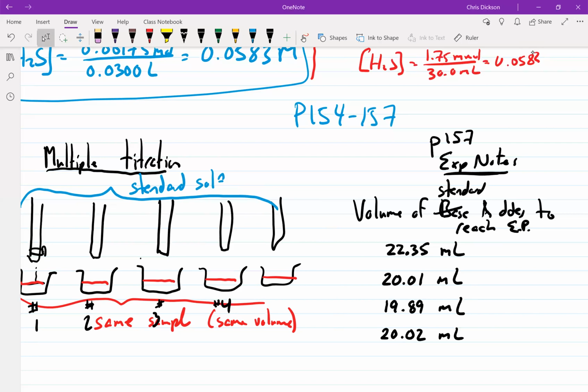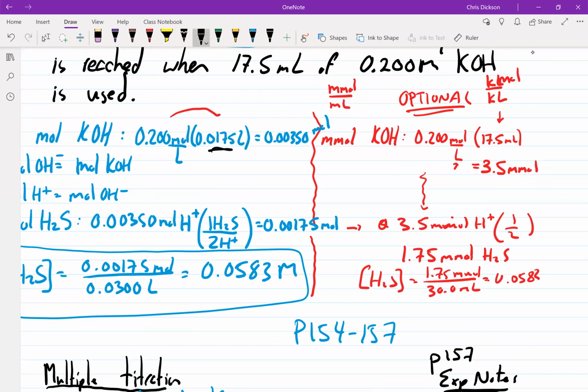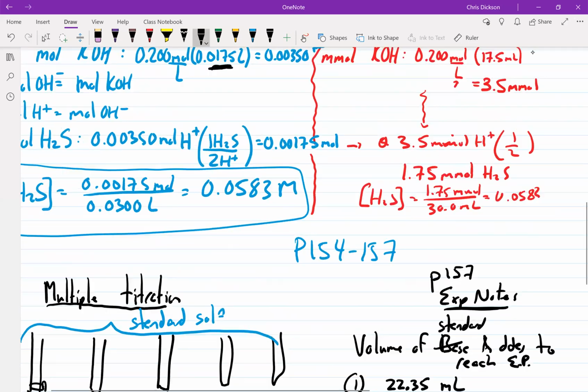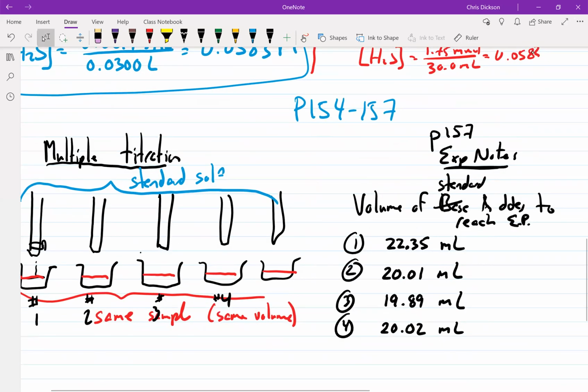Okay, so let's say you're looking at these 4 trials you did, and what you're trying to find out is which of these numbers do you use to do that calculation? Well, if the numbers are close, we'll talk about what that means in a second here, but if they're close, you use those numbers. But if the numbers are off, then you have to exclude that value.